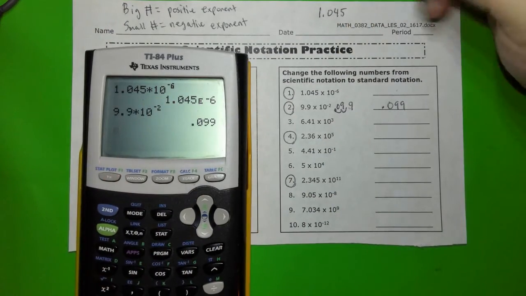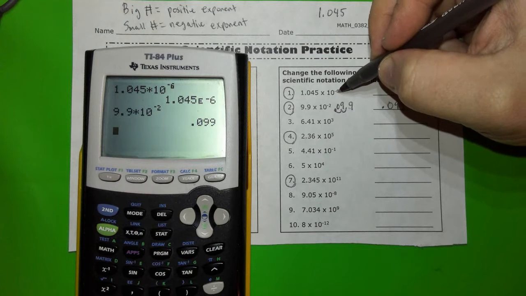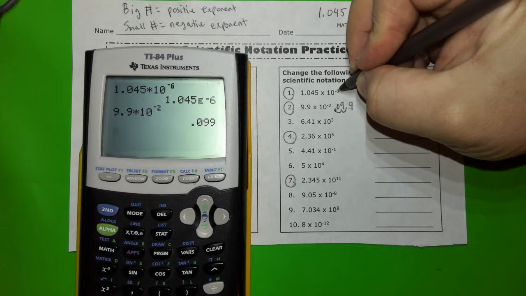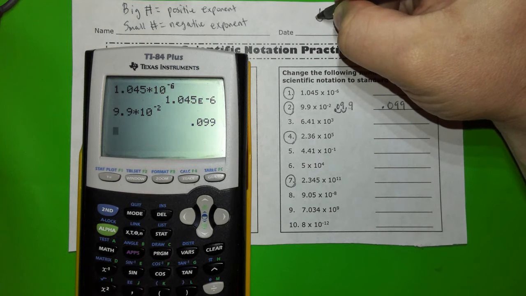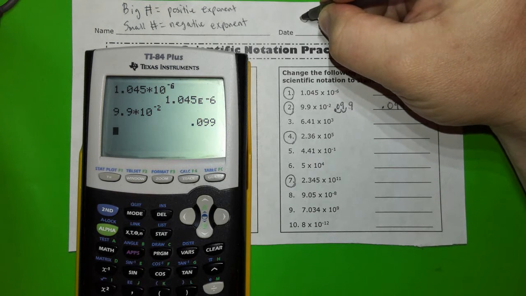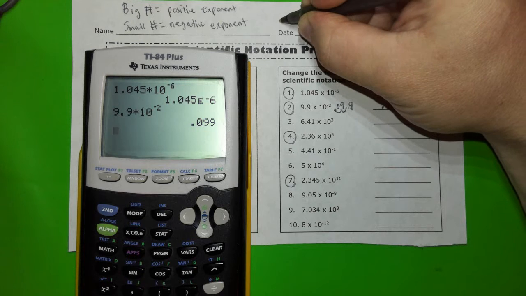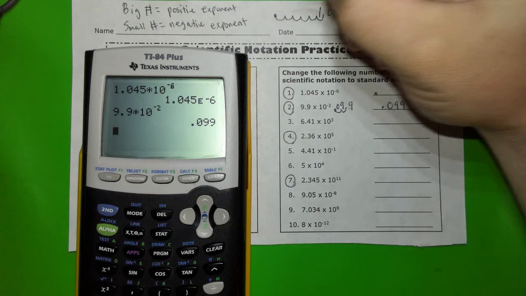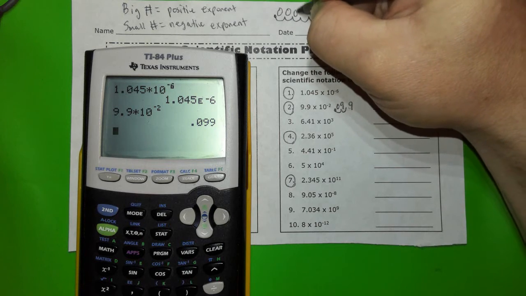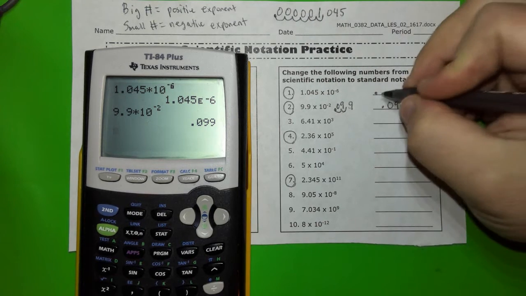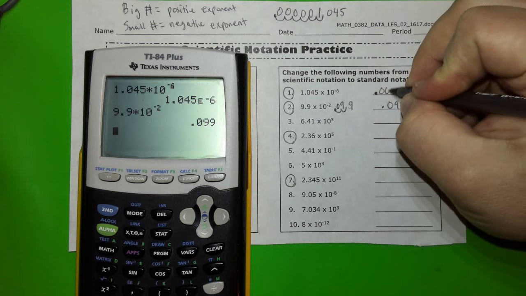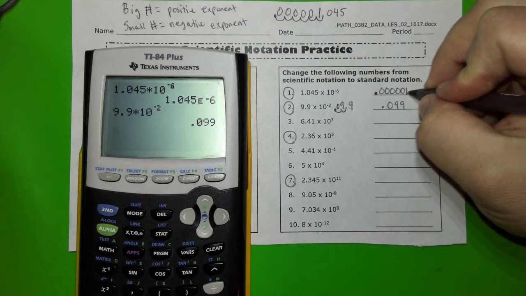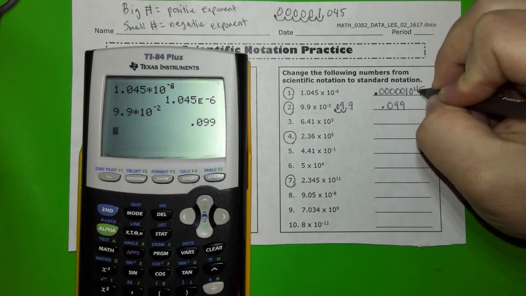Okay, and I've got to do it to the negative 6th power. So I know I'm going to have a really small number, so I'm going to move this many spaces. 1, 2, 3, 4, 5, 6. So I have my new decimal point, and I've got 1, 2, 3, 4, 5 zeros. So this is point 1, 2, 3, 4, 5 zeros, and then 1, 0, 4, 5.